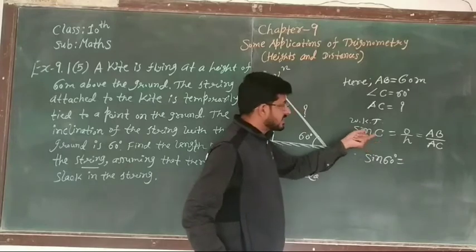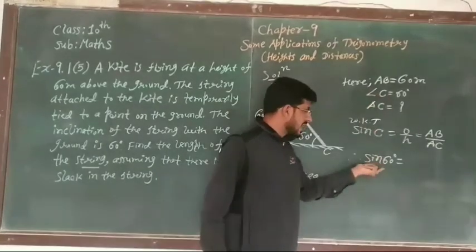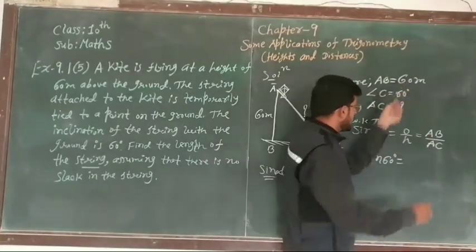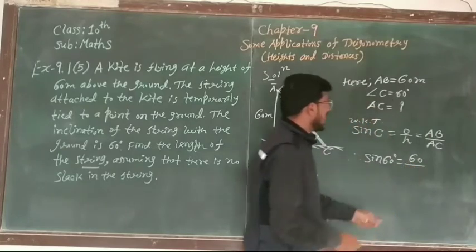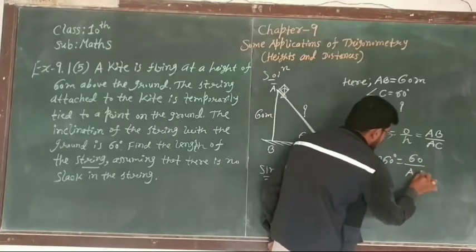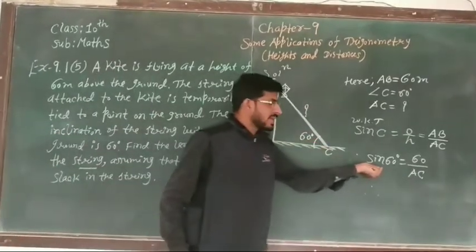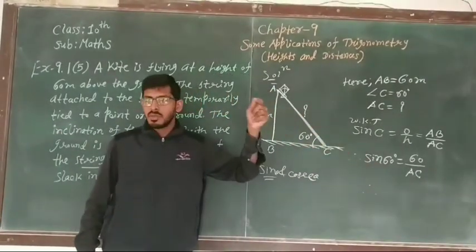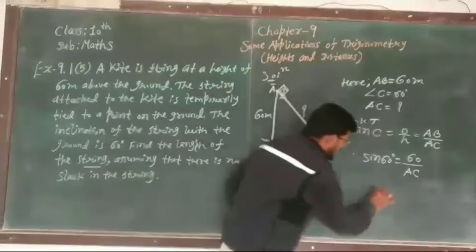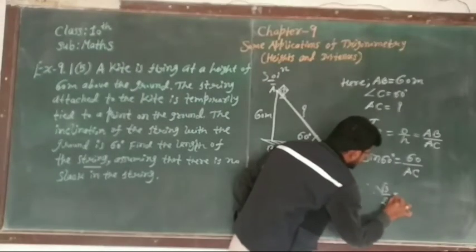So write down sine 60 degree is equals to AB, AB is 60 meter upon AC. Because we have to find the length of AC. Now put the value of sine 60 degree. Sine 60 degree is equal to under root 3 by 2. Under root 3 by 2 is equals to 60 upon AC.